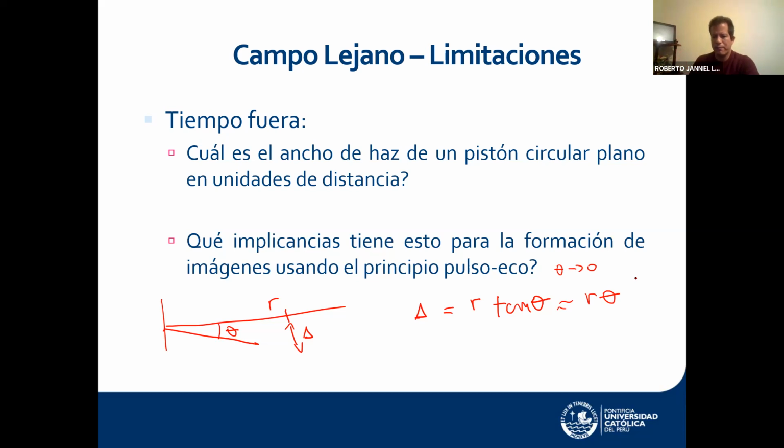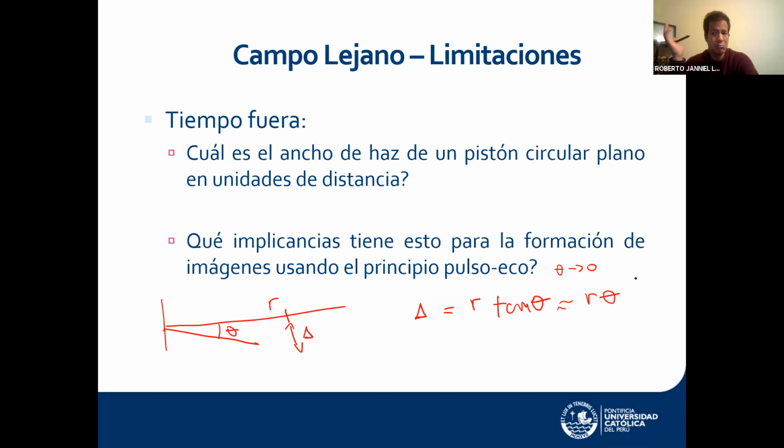Okay, so it's r times theta, which means that even though theta gets smaller, there's still the factor of radius or distance in front of it, so I have to be mindful of that.